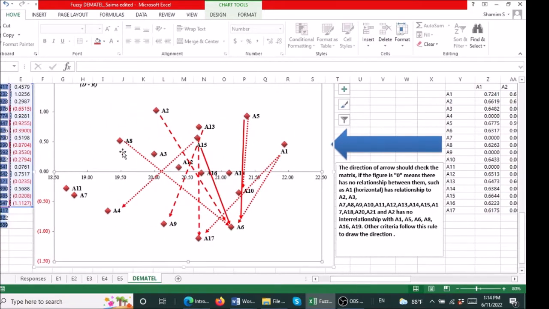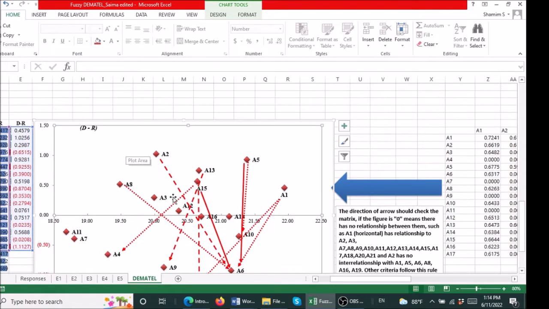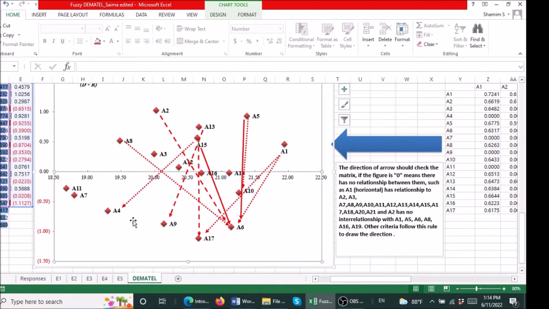So the attributes that fall in this upper side, okay, D minus R, it shows the causal factors, and the attributes that fall in this area indicate the effect factors.